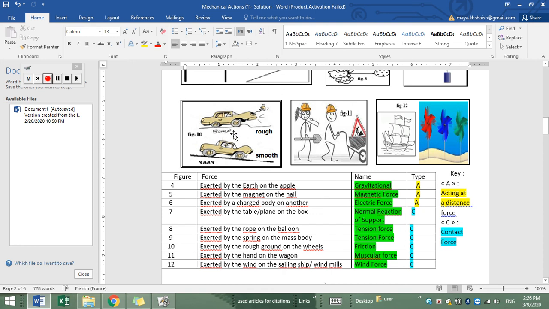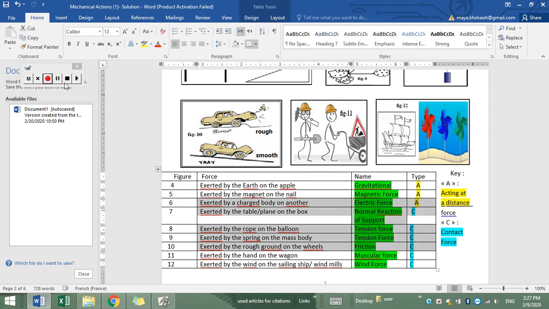It opposes the motion. However, if the road is smooth, it's easy going here, no friction force opposing the motion, so the motion is easy. This force is again considered to be a contact force because it is exerted by the ground on the car, or actually on the wheels of the car, so it is a contact force.